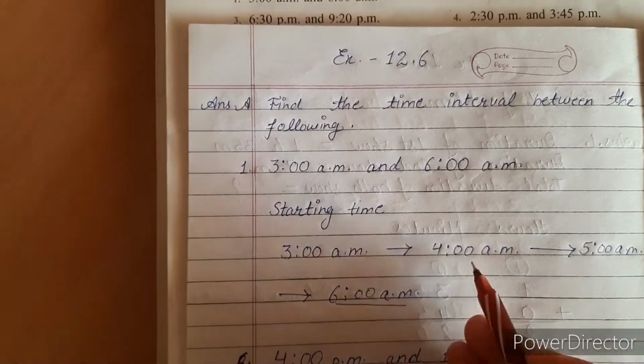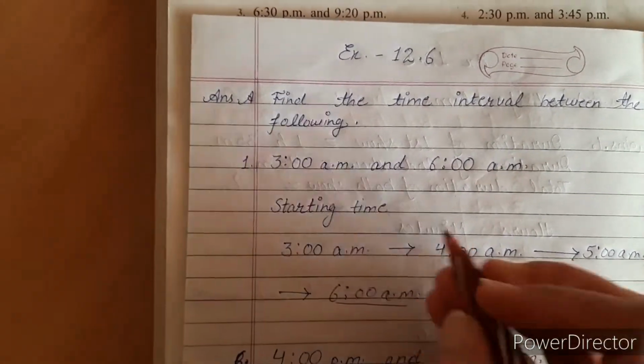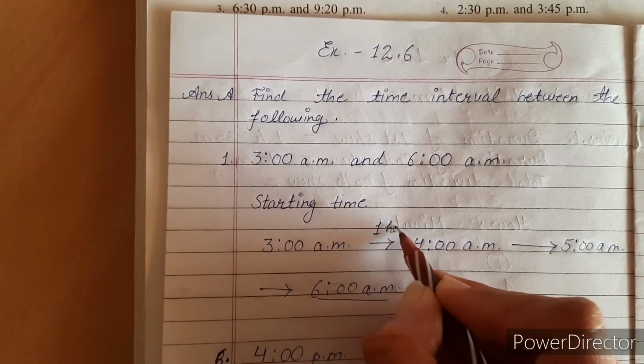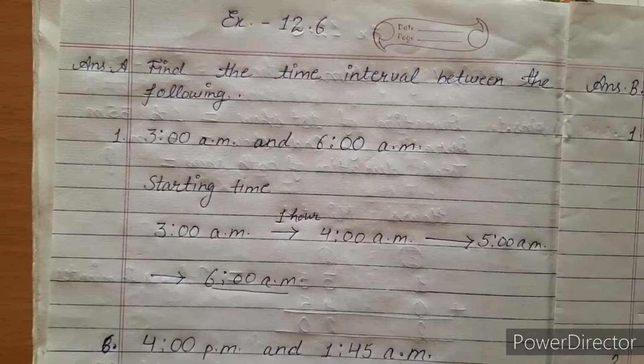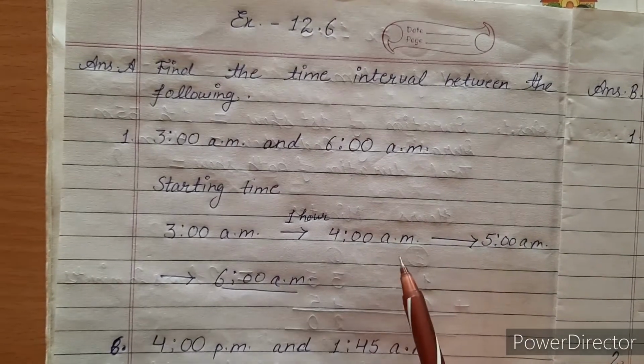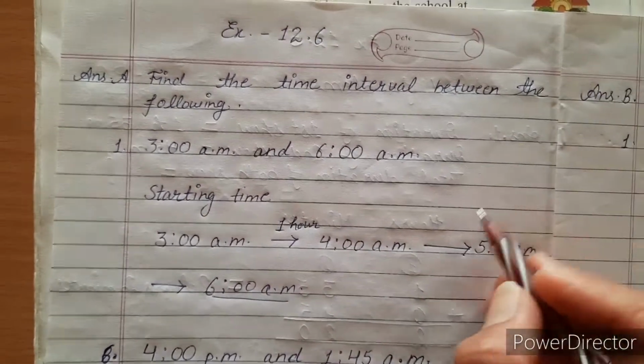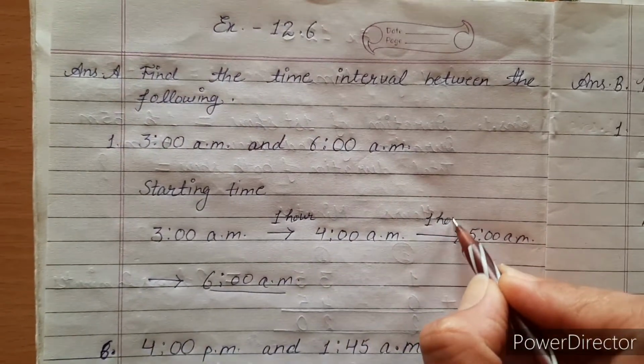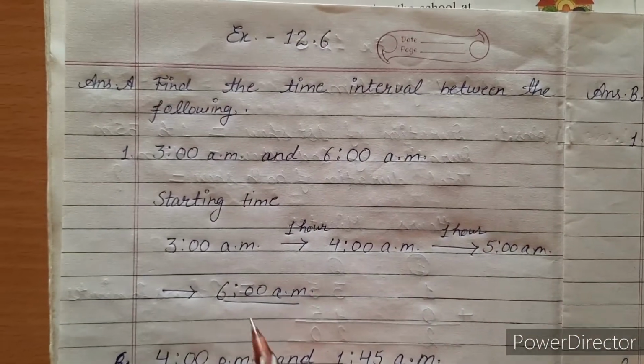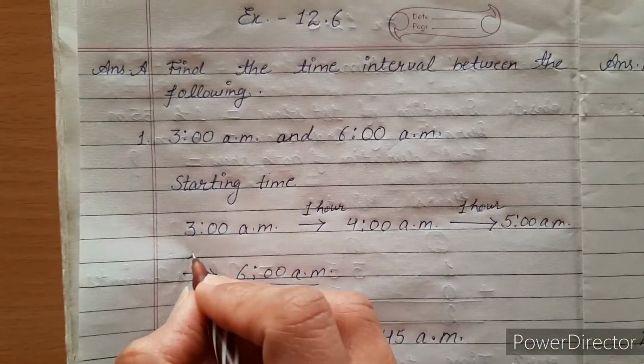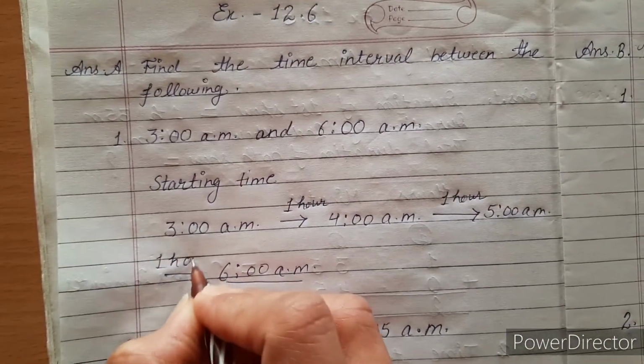So 3 a.m. to 4 a.m. is 1 hour. And 4 o'clock to 5 o'clock, again it is 1 hour. Then 5 o'clock to 6 o'clock, it is 1 hour.